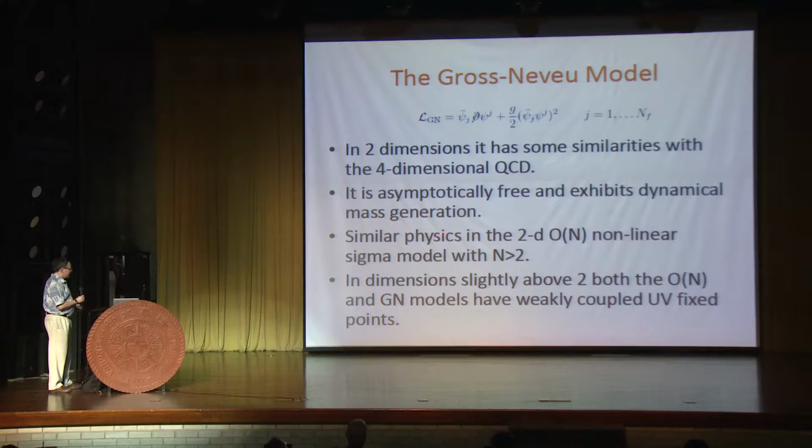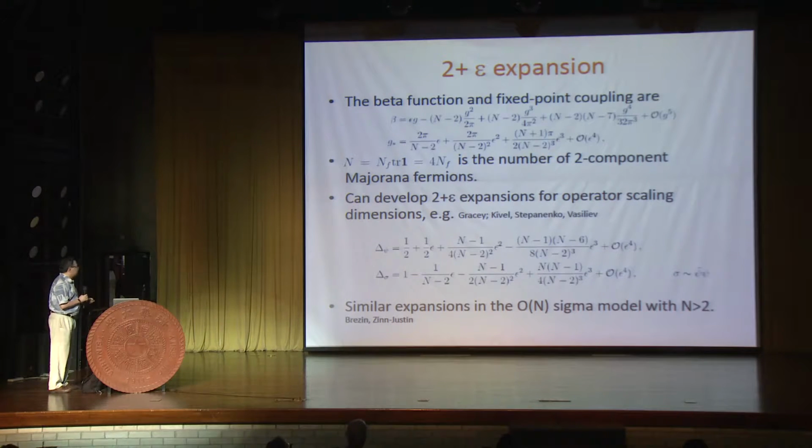And what it means is that if you go to dimensions 2 plus epsilon, then both this O(N) model and the Gross-Neveu model have weakly coupled UV fixed points. And this is how this works. There is an extra term epsilon g that gets added to the beta function, and since this is negative for N bigger than 2, the 2 can be cancelled against each other, and you have this epsilon expansion of the coupling at the fixed point.